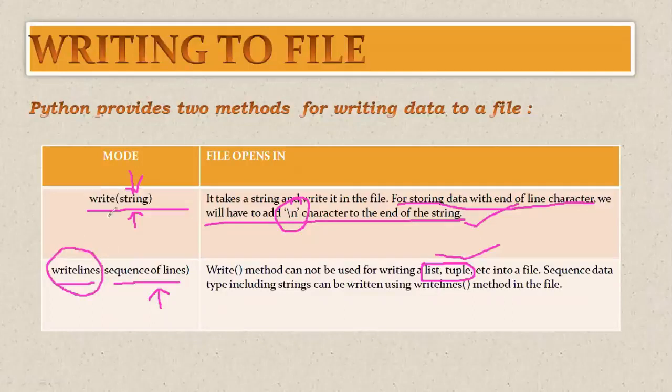So in general we will use write, but when the data is in the form of a list or a tuple, then we have to use writelines. Let's see through an example.